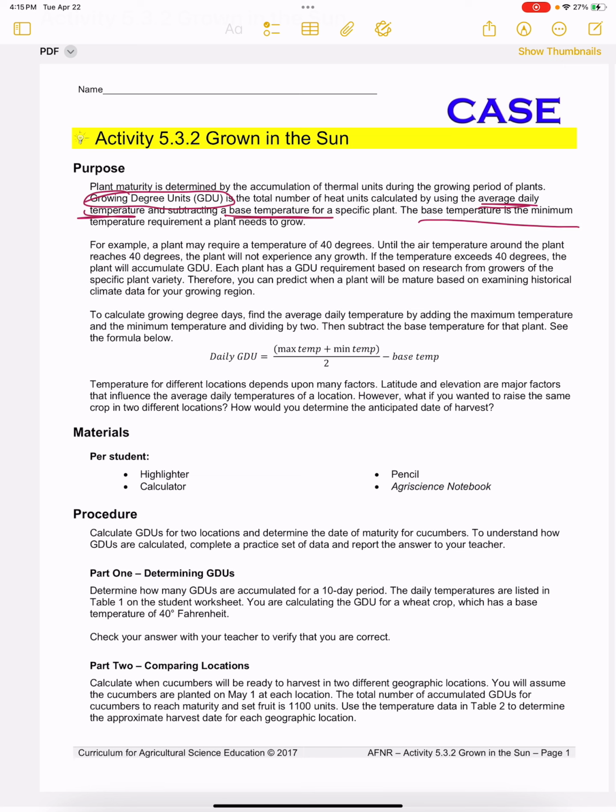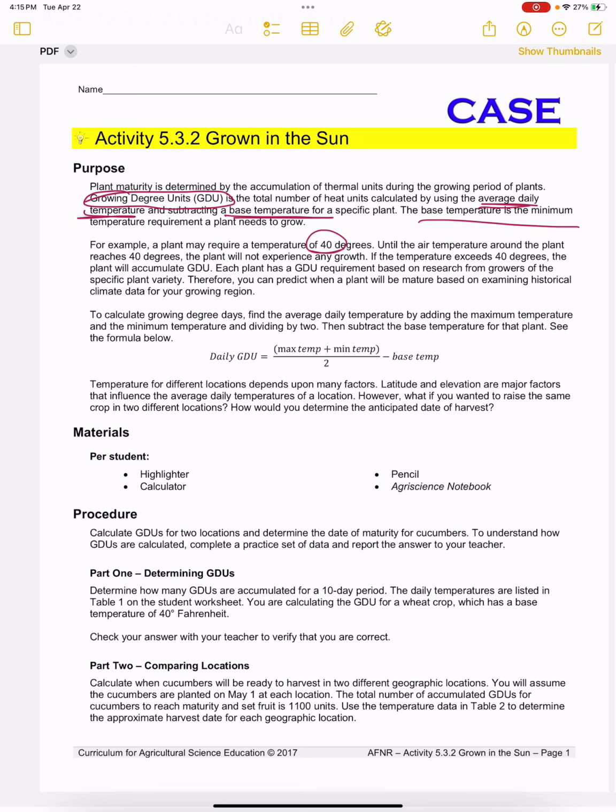Okay, the base temperature is the minimum temperature requirement that a plant needs to grow. So that is going to vary depending on the type of plant. For example, a plant may require a temperature of 40 degrees. Until the air temperature around the plant reaches 40 degrees, that plant is not going to experience any growth.